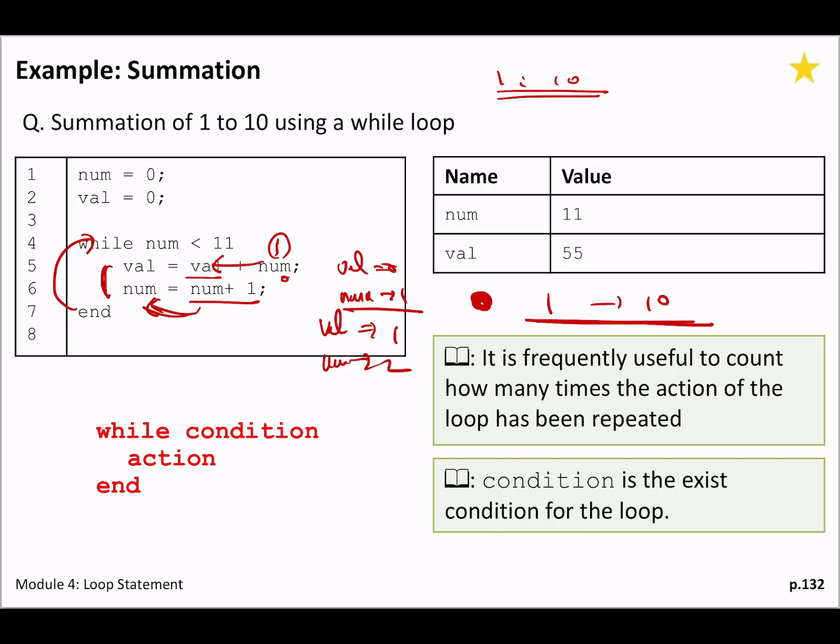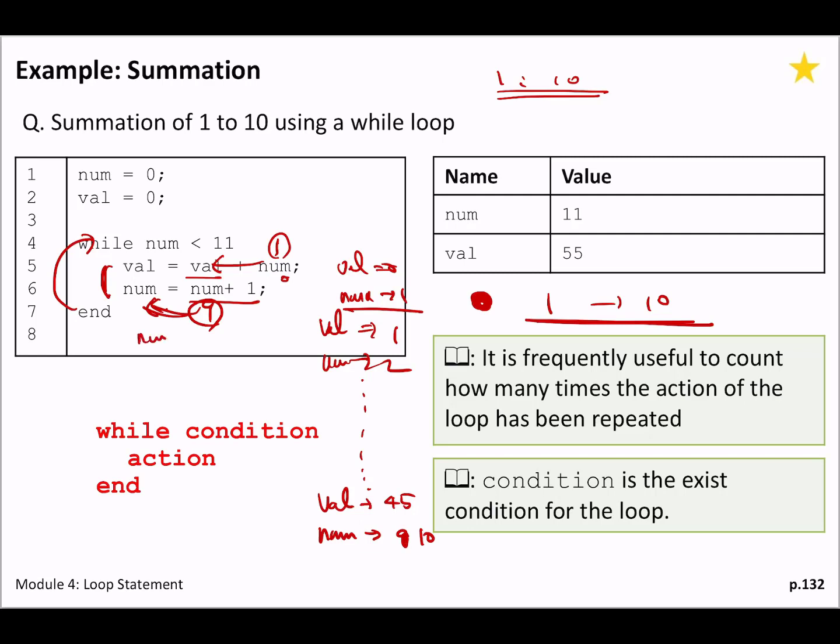So the condition statement is true, so we can keep repeating until the value is 45, if you add 1 to 9, and then num becomes 10, right?